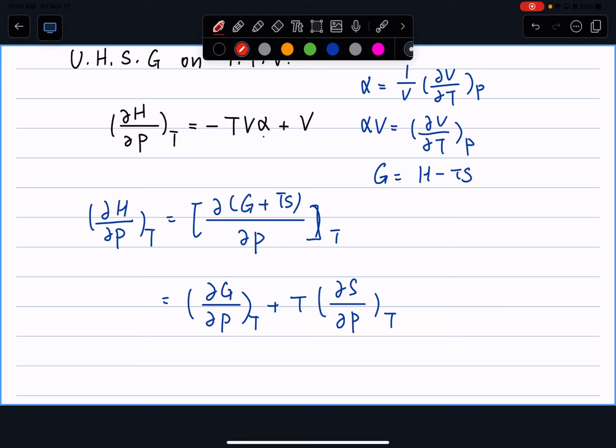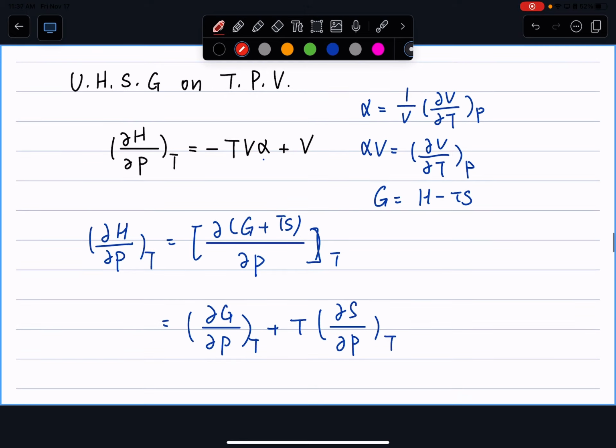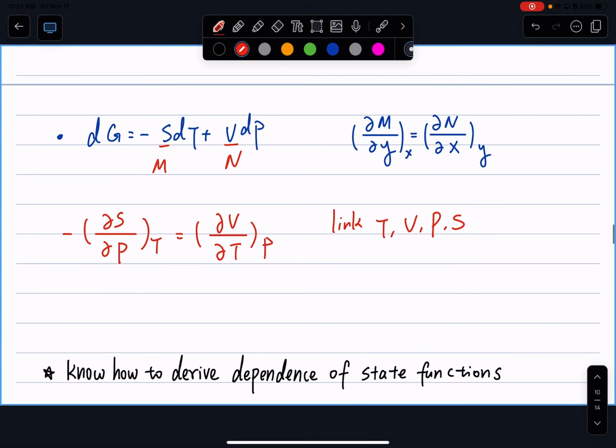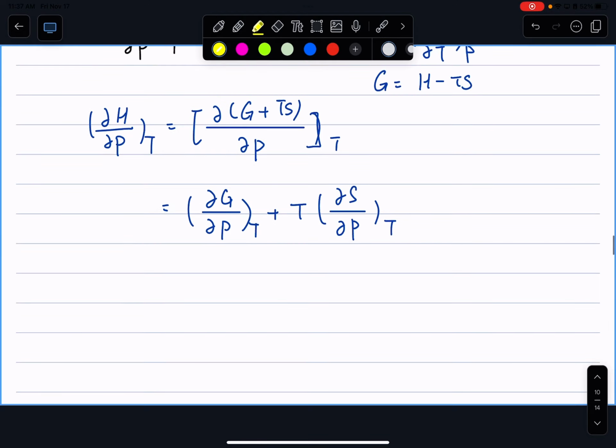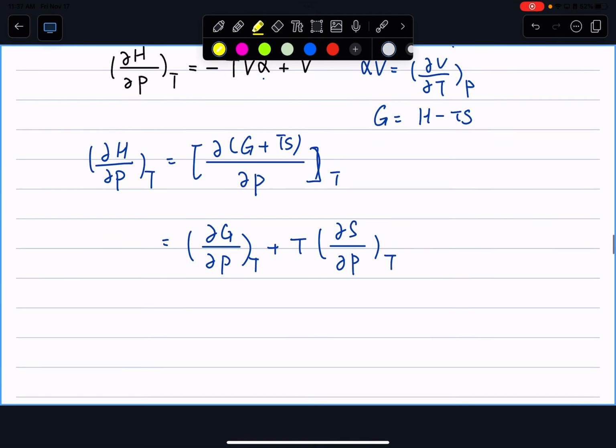All right. And some of the things we know, for example, go back to what we have here. In this case, we look at the Gibbs free energy dependence on pressure, and you can check what that is.